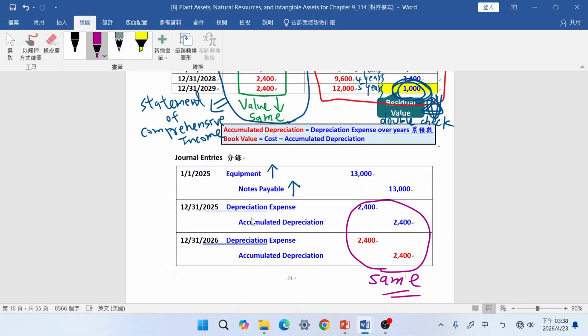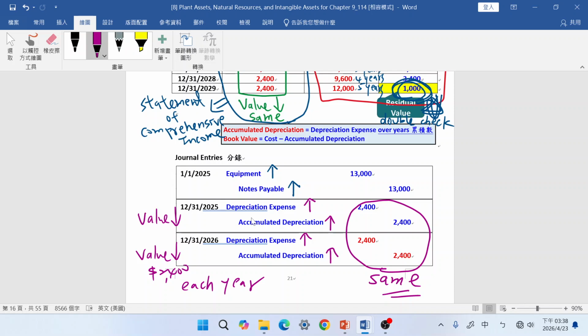Any questions? So depreciation expense increases, accumulated depreciation increases. So we told you your value decreases. How much is it? $2,400 each year. Okay? Any questions?